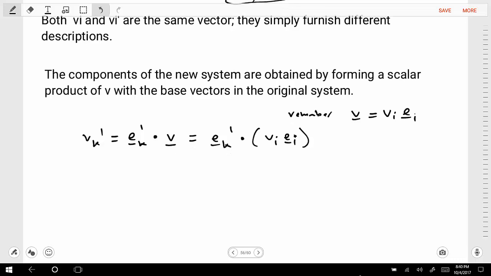Now, we know that our components here are a scalar quantity, and scalars can commute out of a dot product operation. So let's pull the components out, and we have e_k prime dot product e_i, right? So we actually have this operation here.